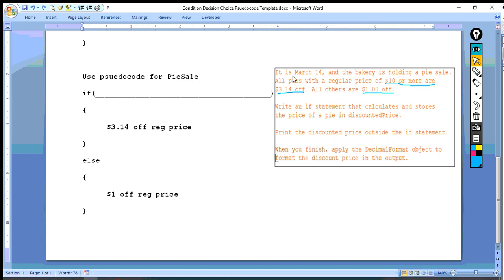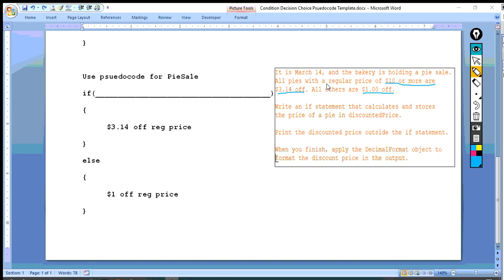And so the question is then, what is the condition that would cause the first one to be true? That's what's going to go in here in the if condition part of it. What condition has to be true in order to make it be $3.14 off? Well, it says it right in here, right?